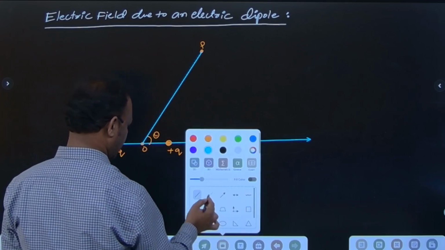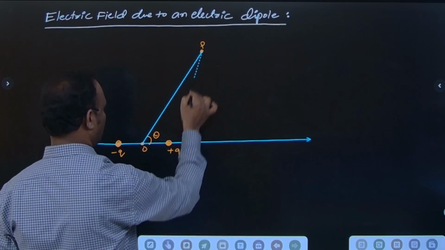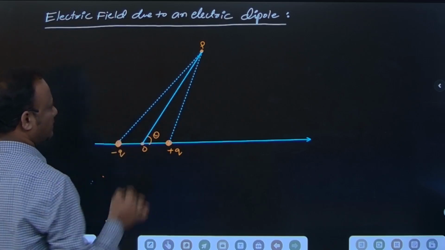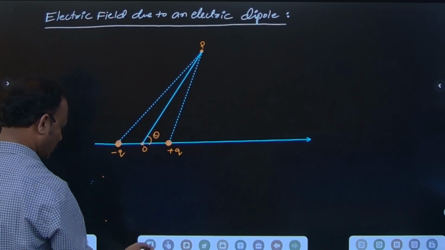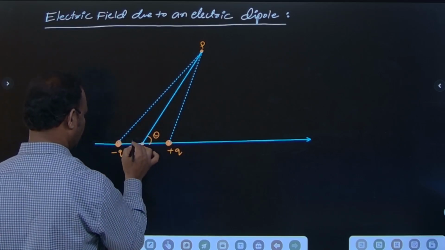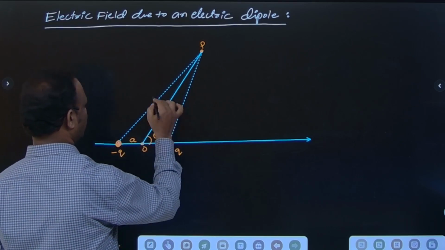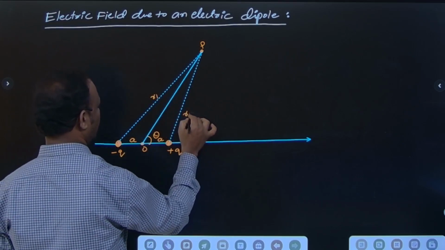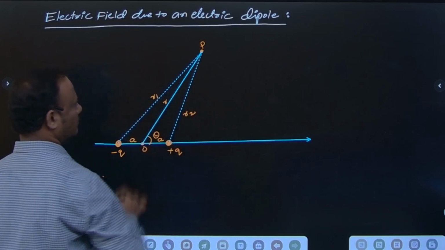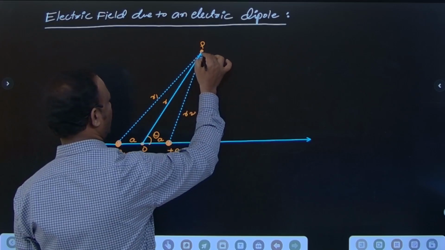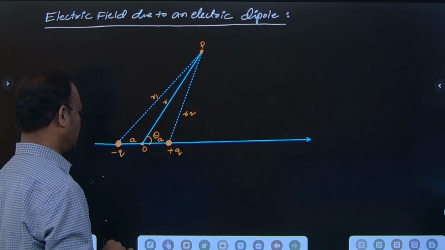The dotted line is with plus q, and the next is minus q. Here the distance is a, and this one is also a. Let these be r1 and r2, and this is r. Along with this, here is a point.